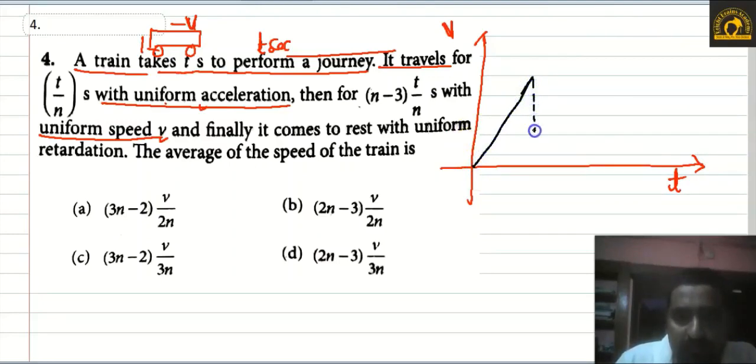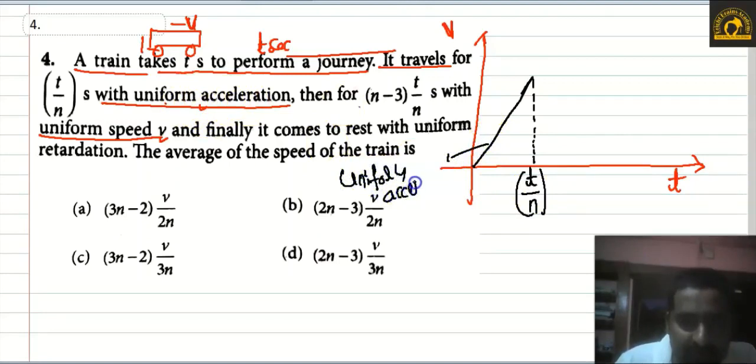Up to the time t divided by n seconds, this is uniform acceleration.